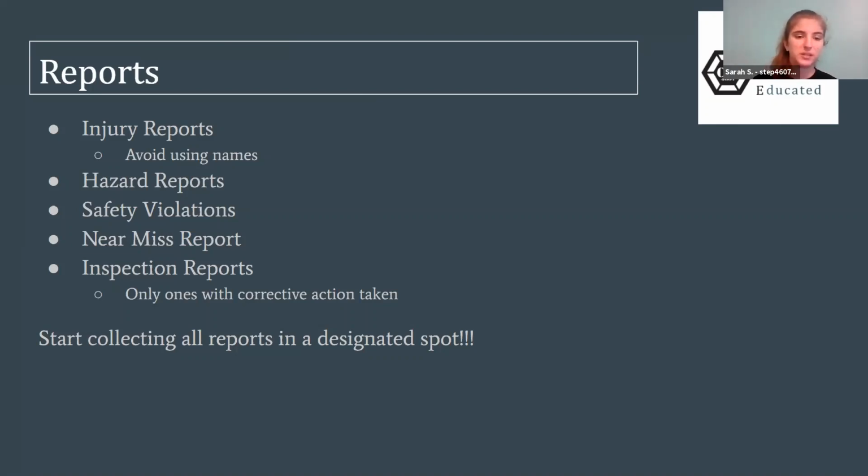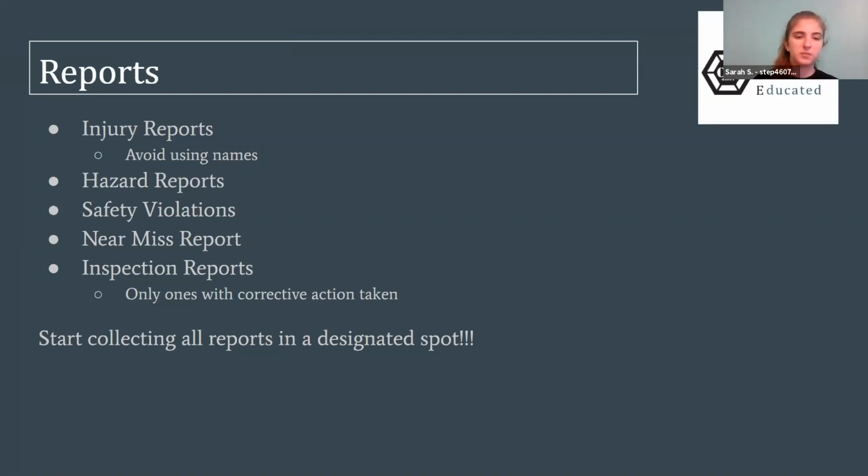So a near miss, that I didn't talk about earlier, is pretty much where you almost get injured. Most of the time, we don't get a lot of near miss reports because people don't realize they need to report it, or they just don't really process the danger that they're in.